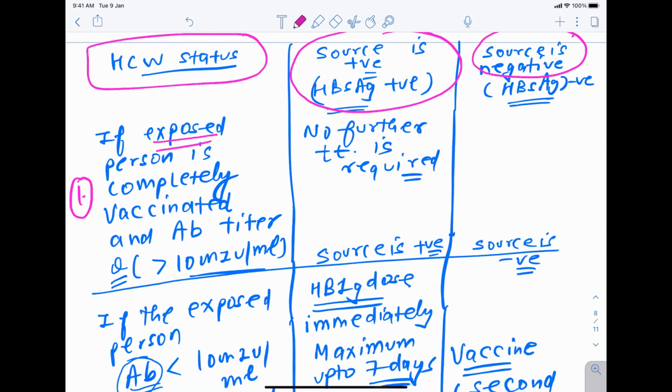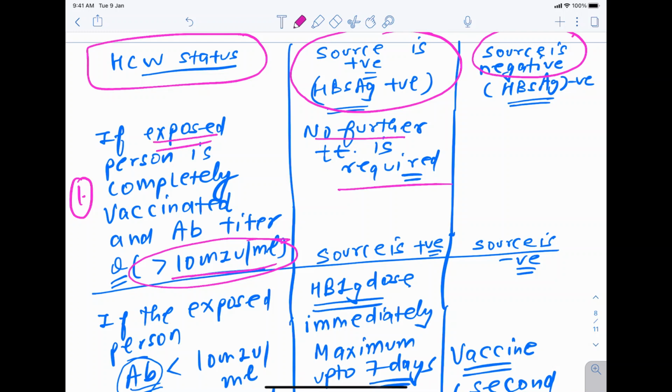So if the exposed person is completely vaccinated and the antibody titer is more than 10 mIU per ml, then nothing is needed, that is the best thing you can have. I am having more than 200 now. Suppose the exposure happened and the source is positive and your titers are this much, no further treatment is required.